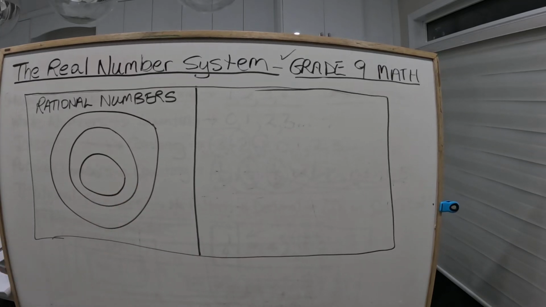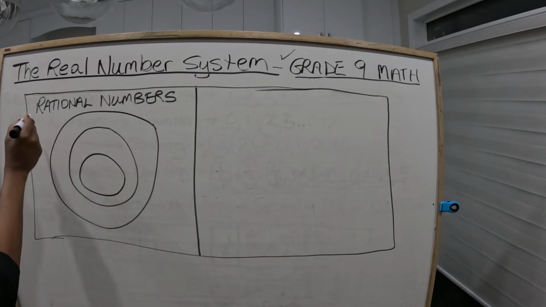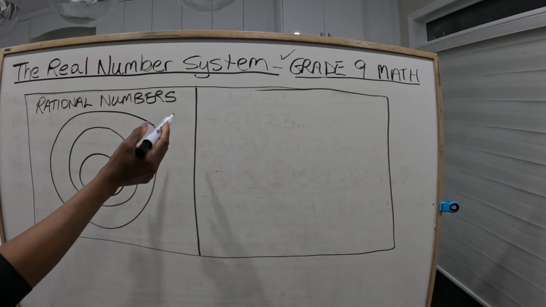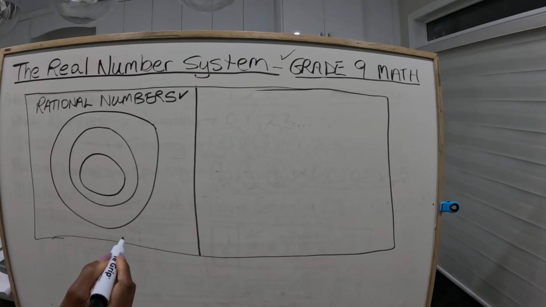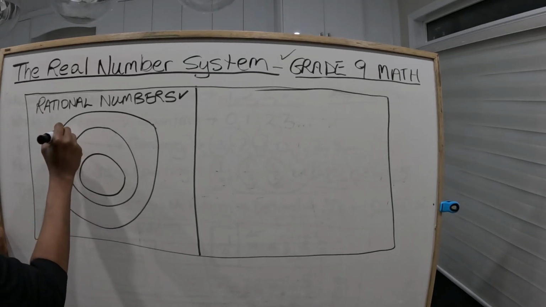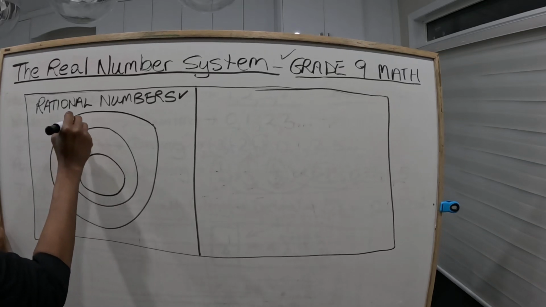Okay, so overall, all numbers are rational numbers. That's why this is as a heading. And then inside here we have what we call integers.